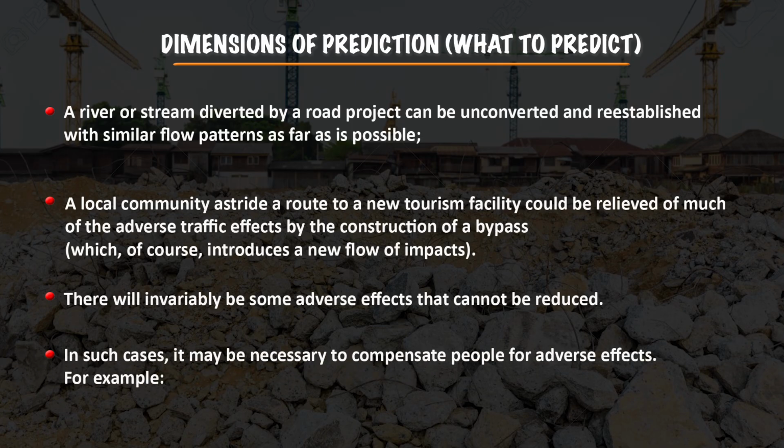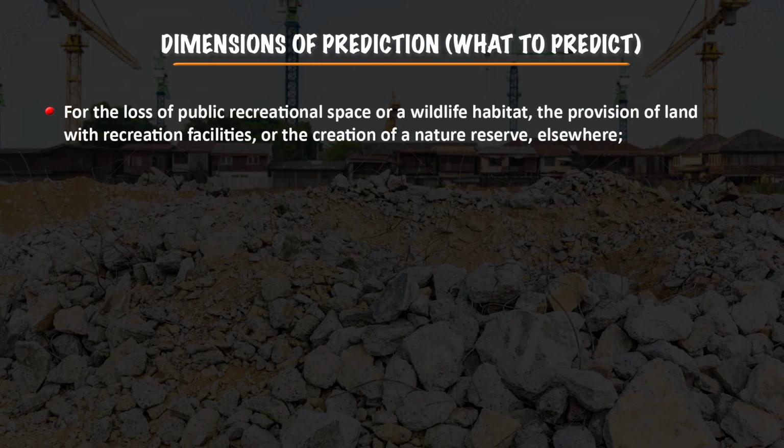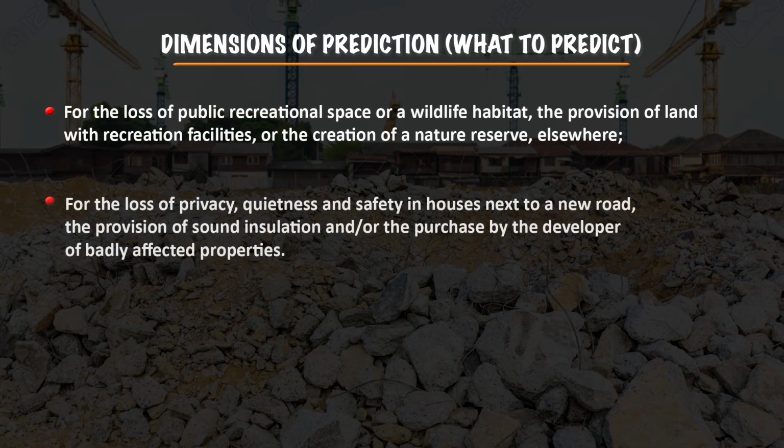In such cases, it may be necessary to compensate people for adverse effects, like the loss of public recreational space or a wildlife habitat, or the provision of land with recreation facilities, or the creation of a nature reserve. For the loss of privacy, quietness and safety in a house next to a new road, there may be the provision of sound insulation, or the purchase by the developer of badly affected properties.